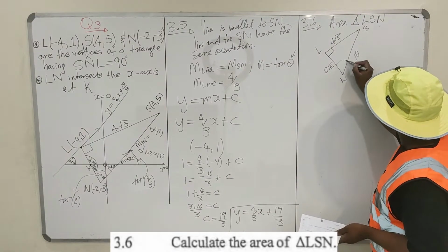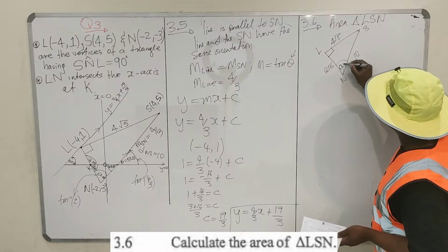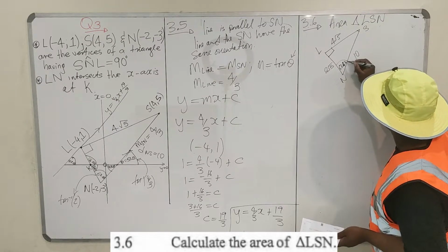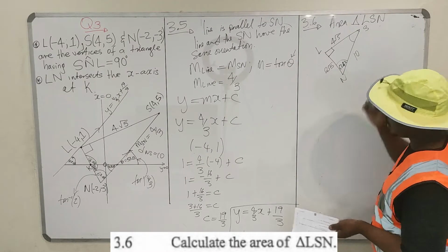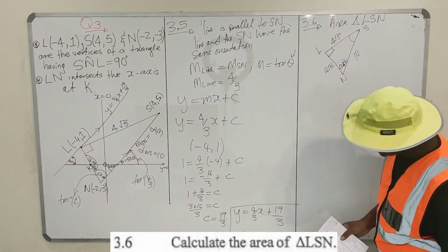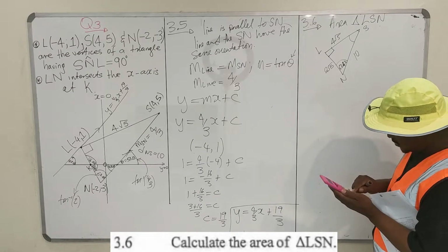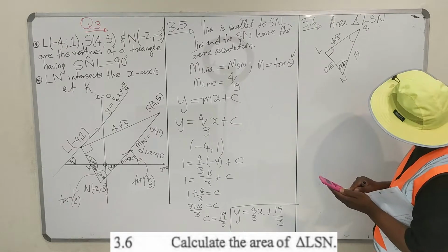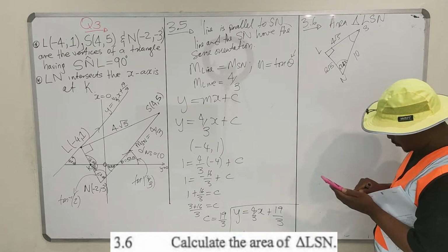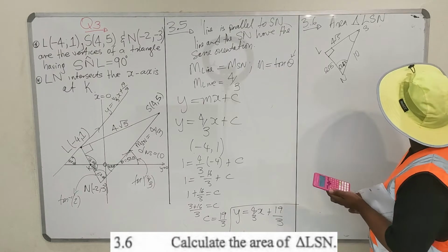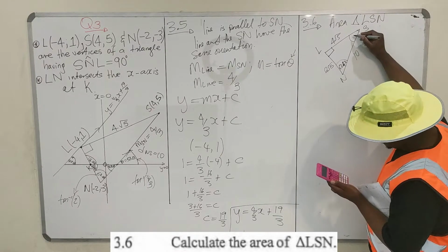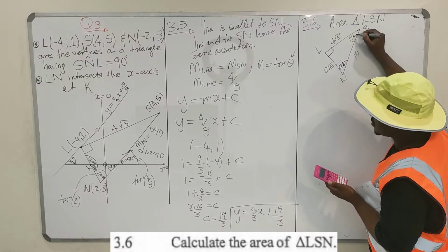So you have this angle here to be 63.43. You can find that one as well. So we can say it will be 90 minus 63.43. So this angle here is 26.57.